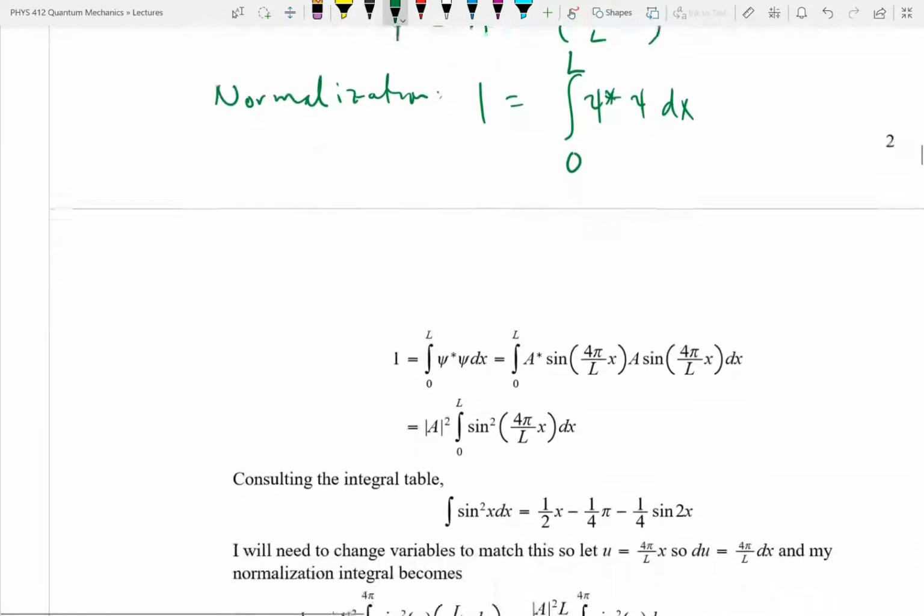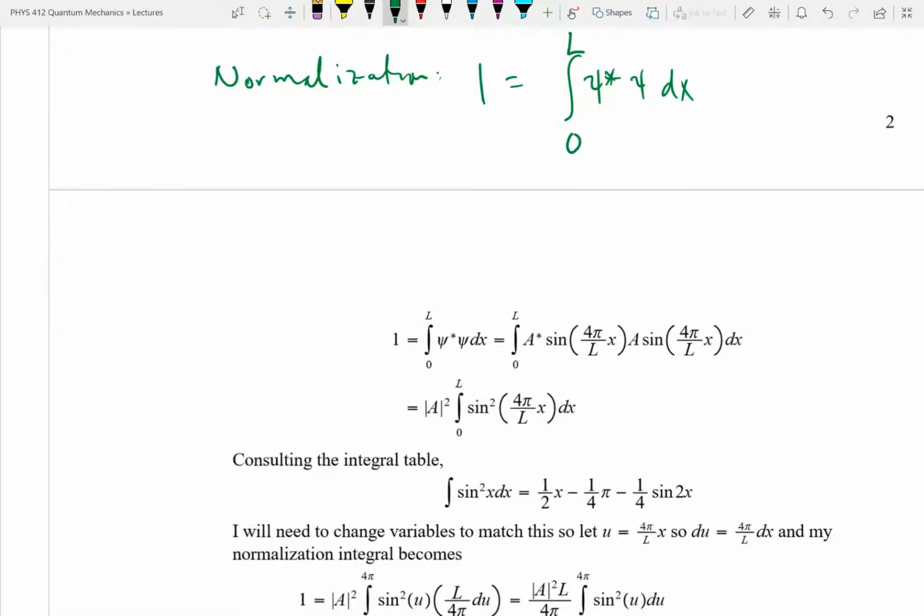Okay. So when you do this integral, A star times A is A mod squared, sine squared of 4 pi x over L. If you graph that, you're going through 4 complete cycles of a sinusoid that has as its maximum the A mod squared, and its minimum 0.